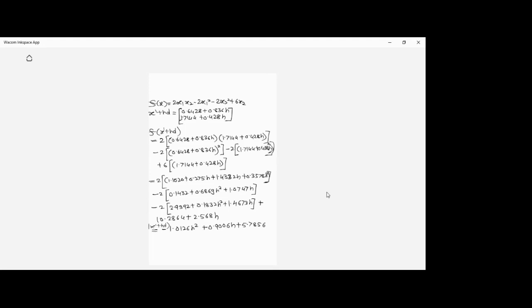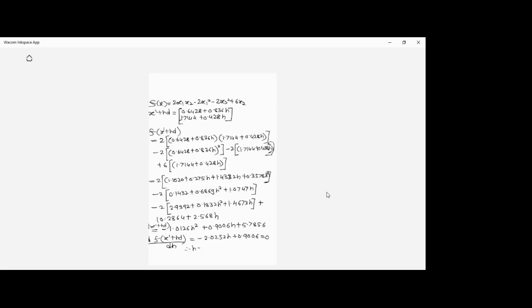Now we know that the derivative, sorry, the full derivative of f of x dash plus hd with respect to h is given, and that comes out to be minus 2.0252h plus 0.9006, that should be equal to 0, right?